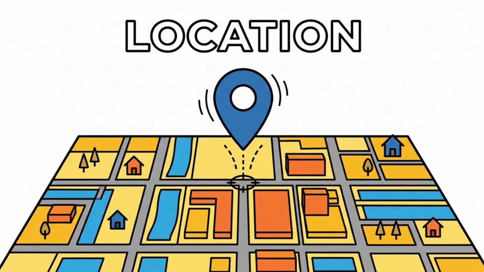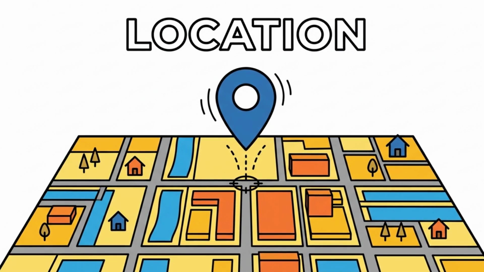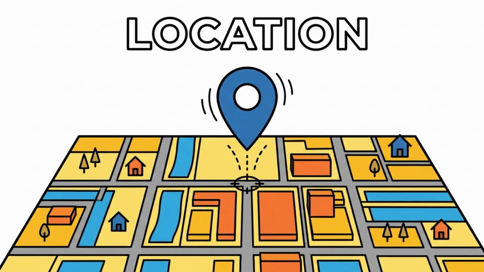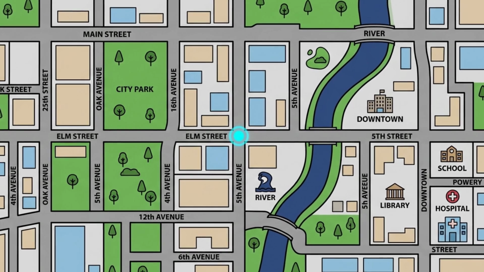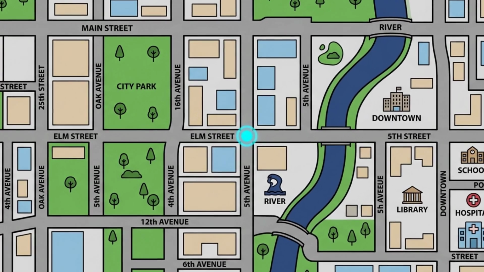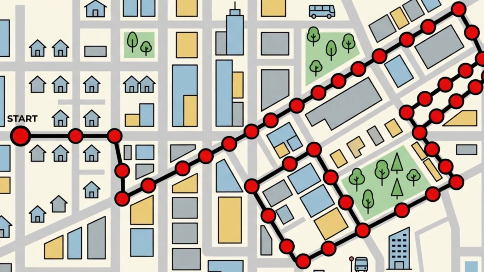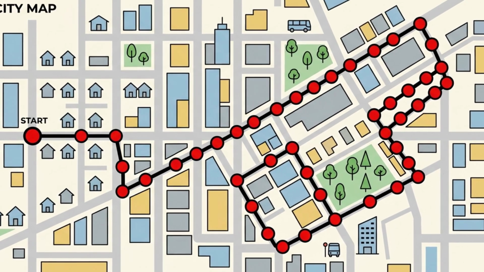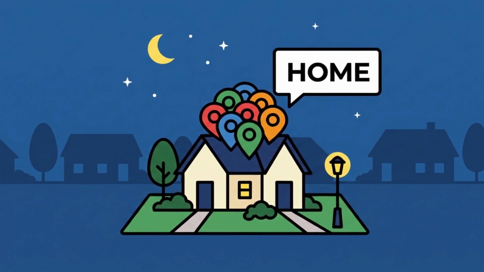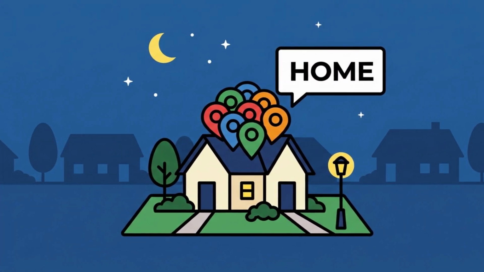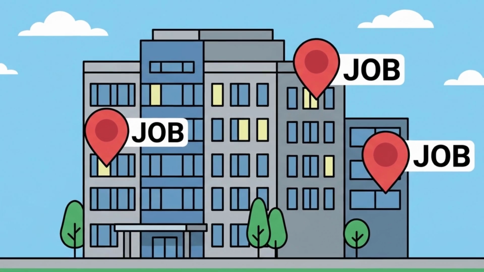Start with location because it's the one everyone pictures. You assume it means the app can see the dot on the map where you're standing. That's true, but it's the boring half. The valuable half is that location isn't a point, it's a pattern. Where you sleep every night is your home. Where the dot sits from 9 to 5 is your job.